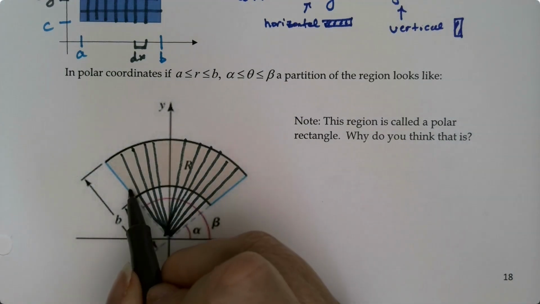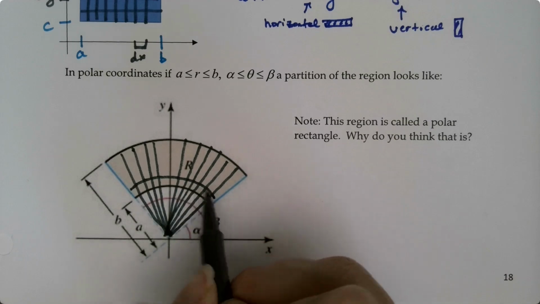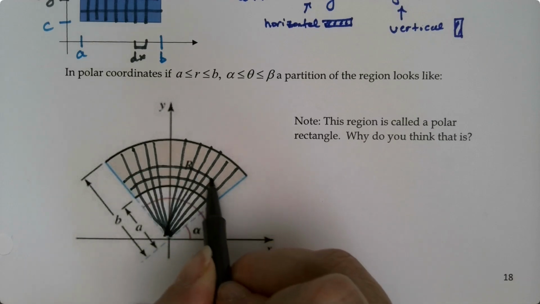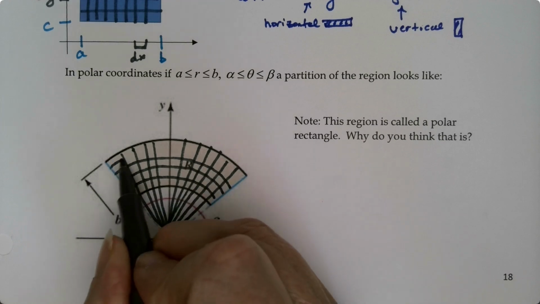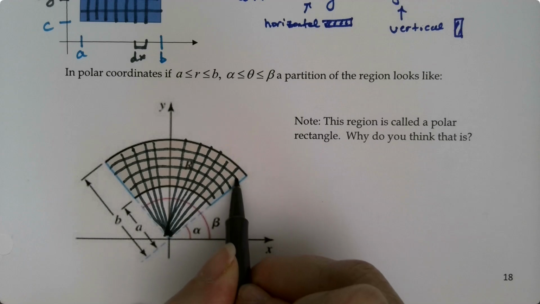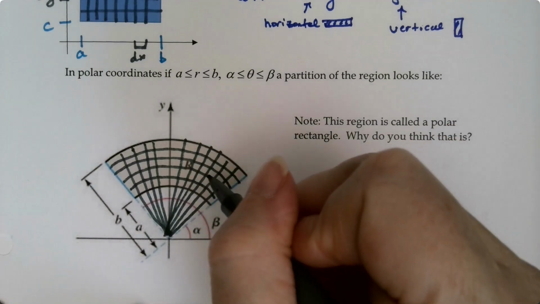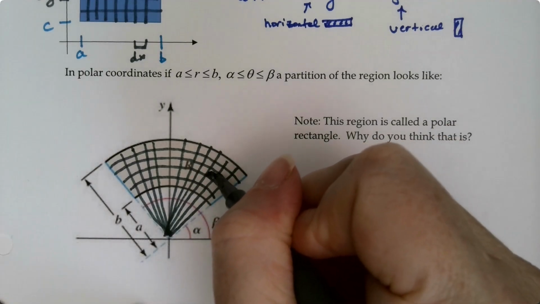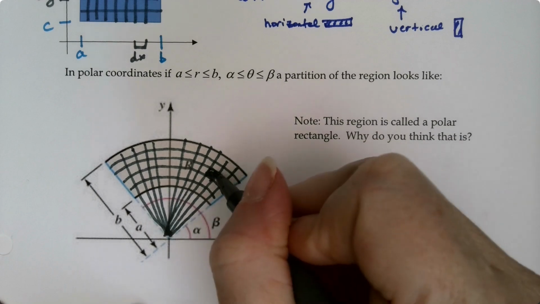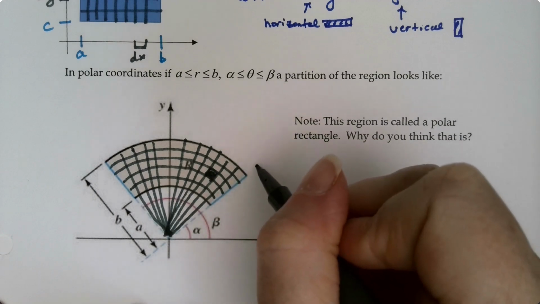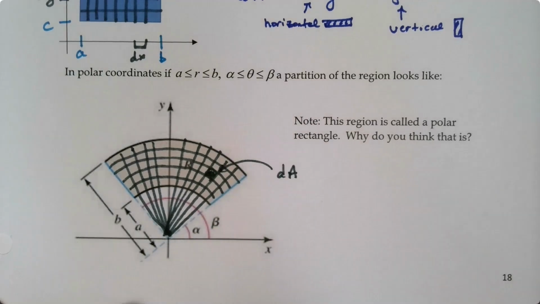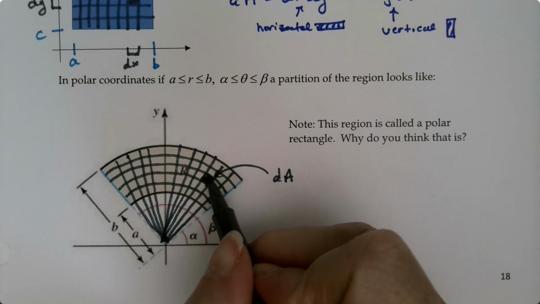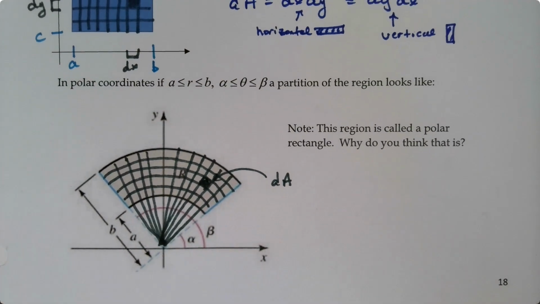Okay, and then you have rings around that origin. So dA is actually a section right in here. Right? Okay, so how do we find that?